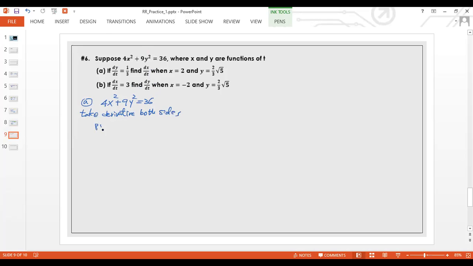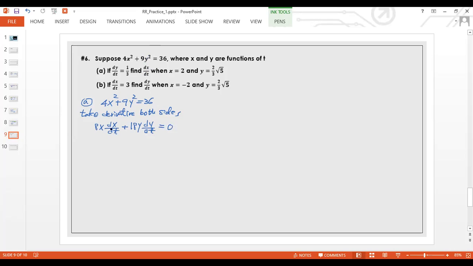So I have 8x, don't forget dx/dt, plus 18y, because both of them are related to t, dy/dt. So what happened to the 36? The 36 is zero, right?